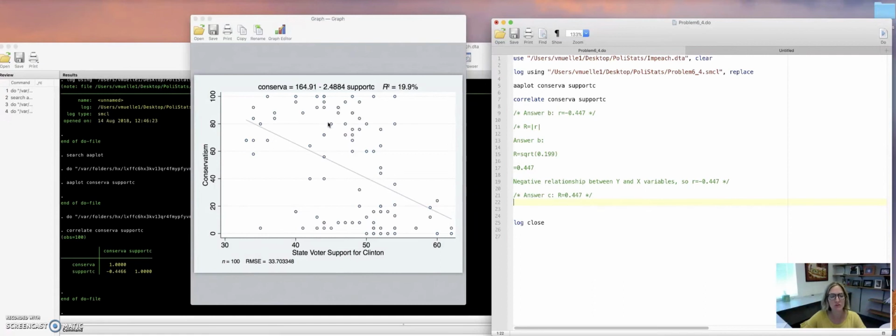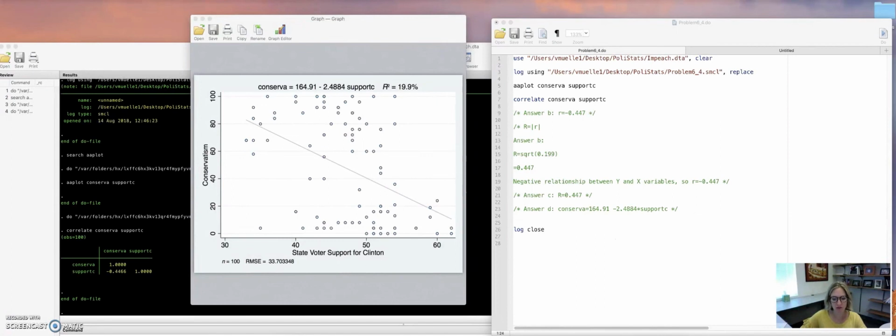So please be sure you know how to do that, as shown in the table, I'm sorry, in the book. So this is quite simple. The answer to D, because the command gives it to us, is that the equation is conserva equals 164.91 minus 2.4884 times supportc.